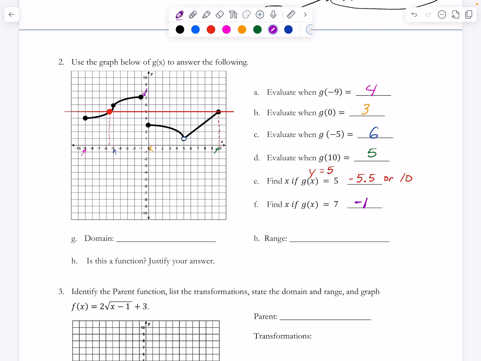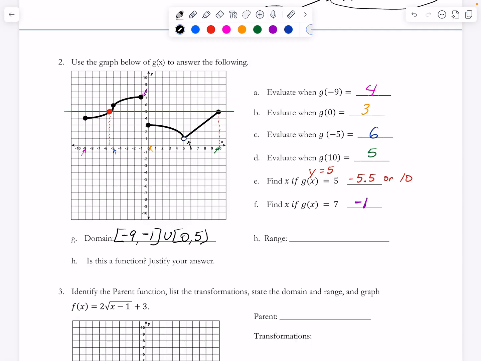Okay, domain. Now, we're moving from left to right, starting at -9, right, including it. We don't have any issues until we get to between -1 and 0. There is a break. So I'm going to include -1, but then I'm going to have a union. I'm including 0. But take a look at this open circle at 5.